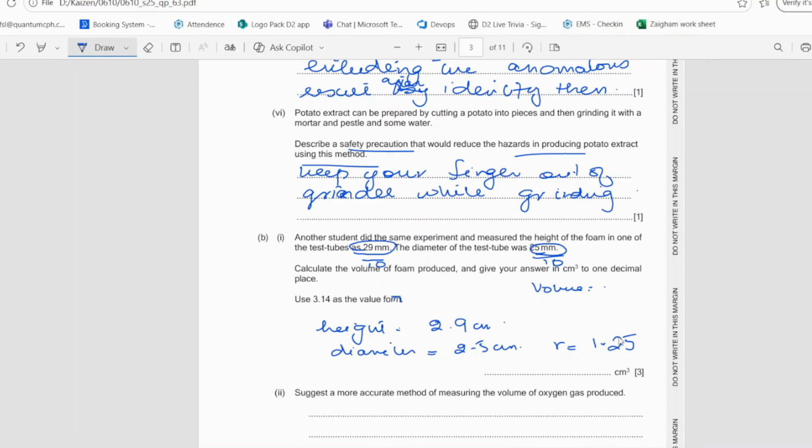Okay, it's a volume, keep this in mind. What is the formula that you are applying?